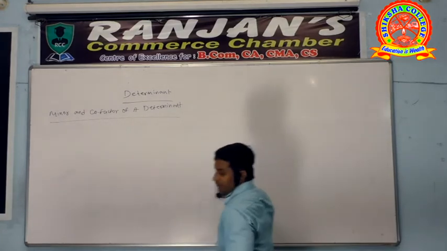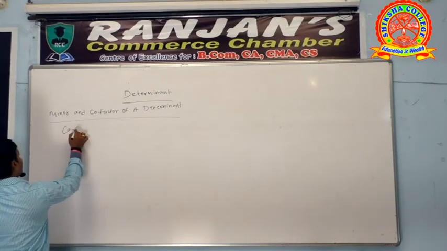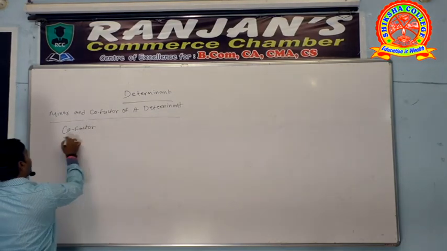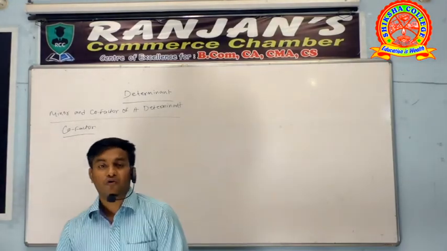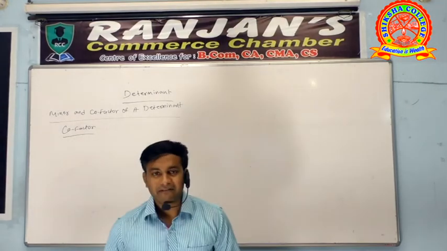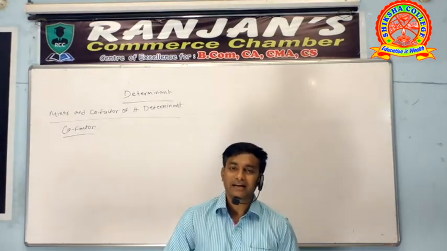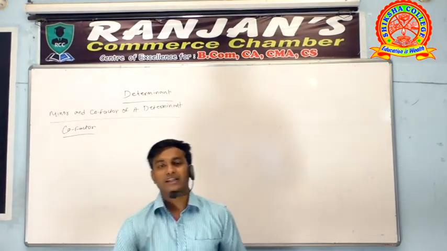Okay, students, see, what is cofactor? As with minor, we can also find the cofactor of each and every element of the given determinant. In a determinant we have a number of elements, so we can find the cofactor of all the elements.